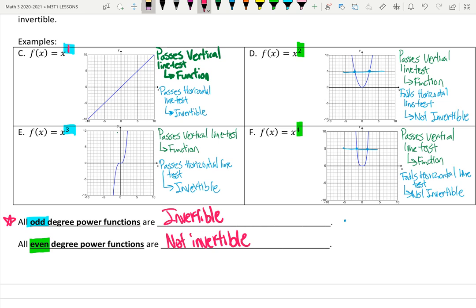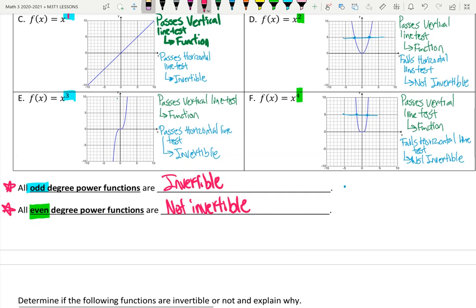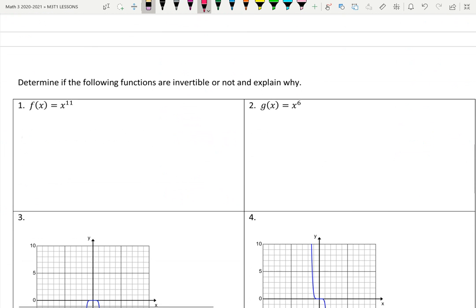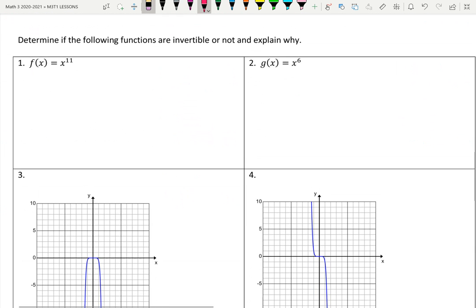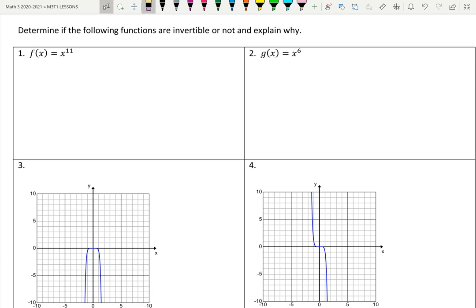This is the big point of today. I can look at equations and determine if they're invertible or not invertible. Let's take a closer look at some practice. So in all of these, determine if the following are invertible or not and explain why. So I see immediately that it has an odd exponent.